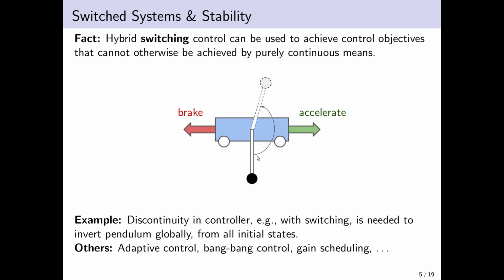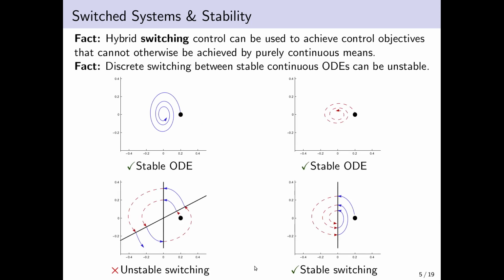There are many other kinds of control laws in the literature which are also based on hybrid control. However, the addition of discrete switching brings with it new subtleties with respect to stability. So in this picture, in the top row here, I have two differential equations which are individually stable.